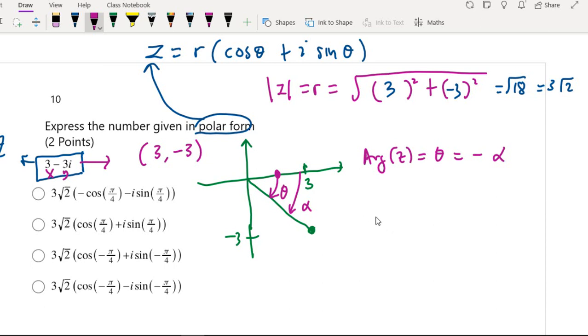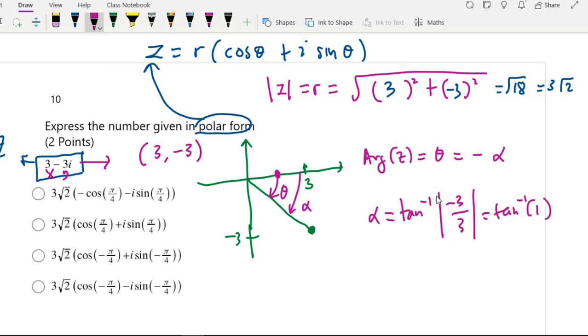So next, first you need to find the basic angle alpha. Tan inverse of 3 over 3 is equal to tan inverse of 1.